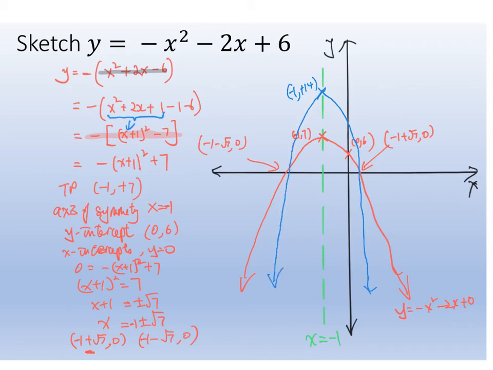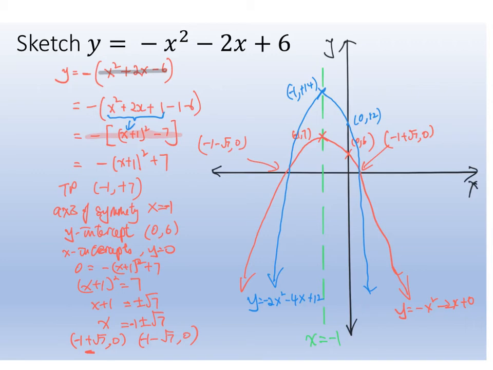Therefore this is y equals minus 2x squared minus 4x plus 12. Nothing much changes except the shape is narrower, and the turning point and the y-intercept here is 0, 12.